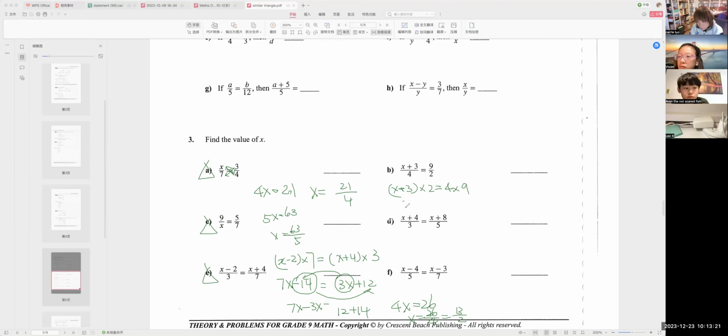Okay, so 3 plus x equals 18, correct? Because you can see this one equals 36. So what times 2 equals 36? 18 equals 36. So x equals 15, correct?